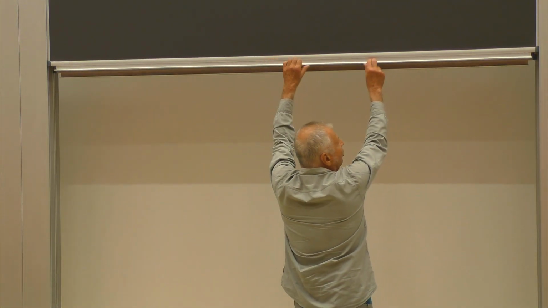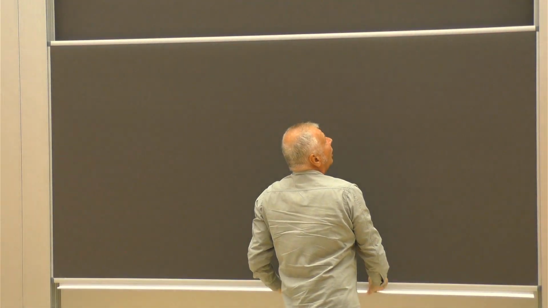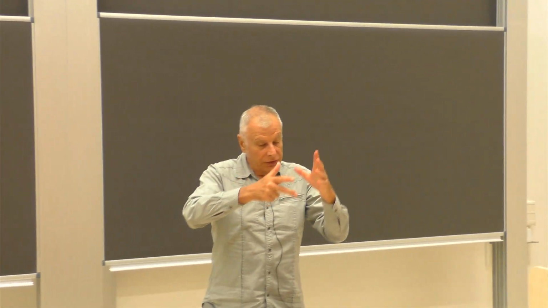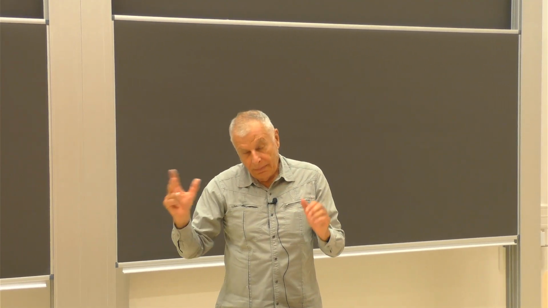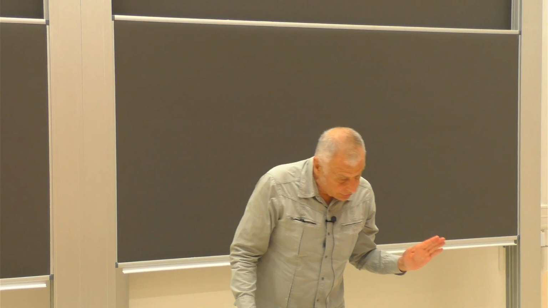Now I want to go back to the construction of the momentum spinor, which is a solution of the Dirac equation, by performing a Lorentz transformation to transform a particle moving along the z-axis into a particle moving in an arbitrary direction.